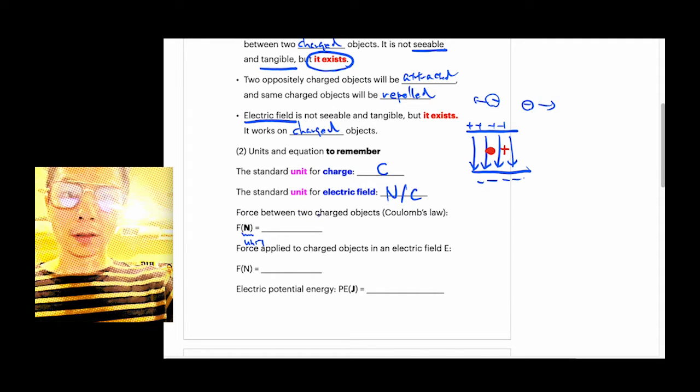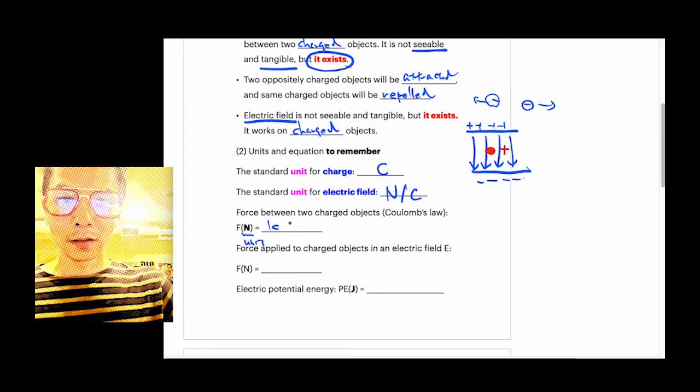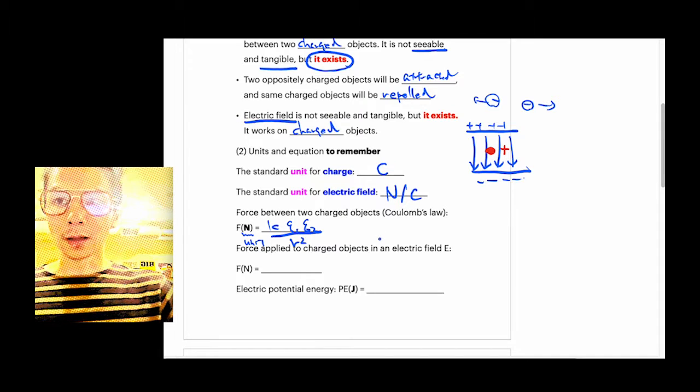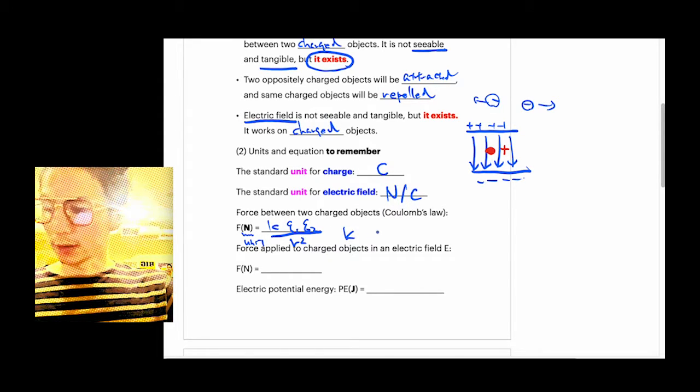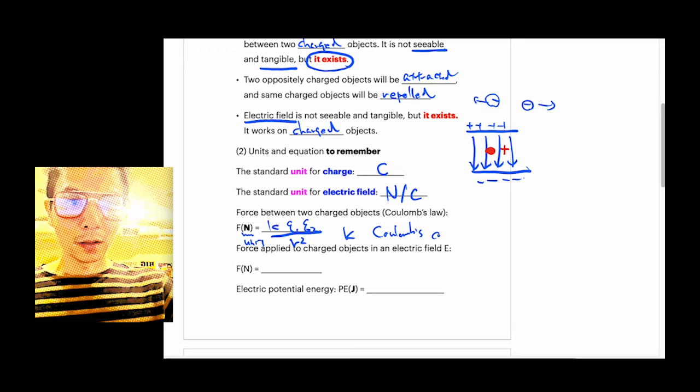Coulomb's law can be expressed as F equals k Q1 Q2 divided by r squared. Q1 is the charge of object 1, and Q2 is the charge of object 2. And this k is called Coulomb's constant.